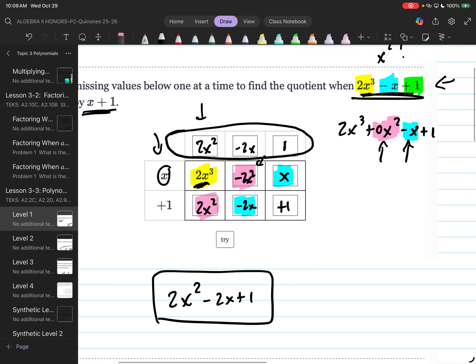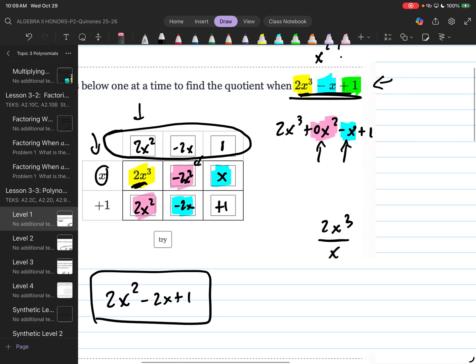Every time we are dividing polynomials, what do we do with the exponents? No, that is when we multiply them. What happens when we multiply? We add them. When we divide them, what do you think we do? Subtract them. What is 3 minus 1? Hence my answer here.